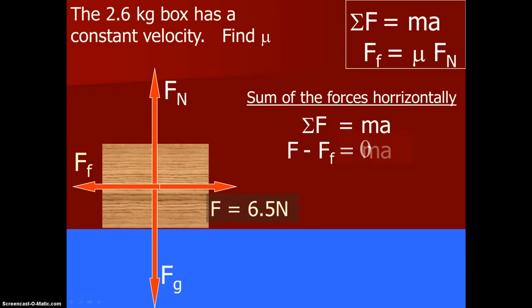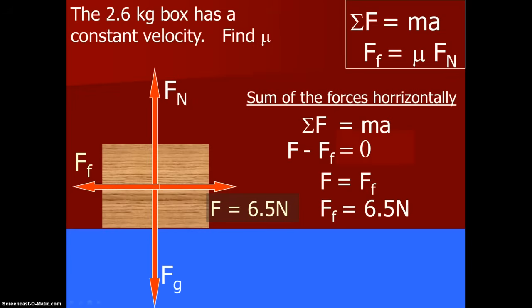However, there's no acceleration. So it's force applied minus force of friction equals 0. If I add force of friction to both sides, I get force applied equals force of friction. Therefore, the force of friction is equal to 6.5 newtons. So again, you are able to logic through knowing what you know about free body diagrams. You're able to figure out 6.5 newtons pretty quickly. This is what it looks like mathematically.